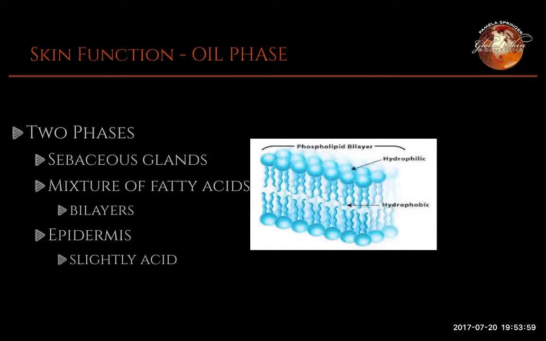So there's two phases. The oil phase, which involves the sebaceous gland, which is the hydrophilic, the head of this diagram, as you can see, is hydrophilic, and it's mixed with the fatty acids, which I talked about, the omegas 3 and 6, triglycerides, and the cholesterols, making up that sebum into bilayers.